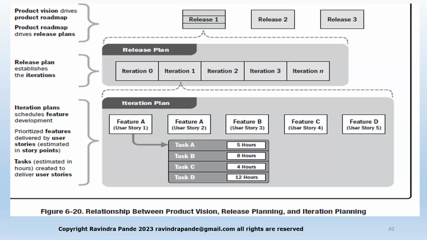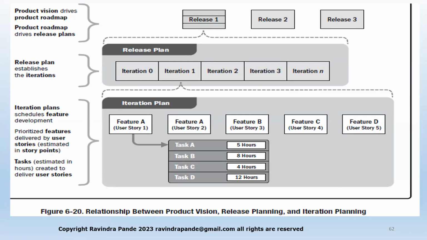The second feature might be checking the attendance timing in terms of in time, out time, checking with the older records. Feature B can be checking with the older records how many leaves he or she might have, and so on and so forth. So like that, we might plan our tasks. Task A, or completing feature A, might take 5 hours, completing feature B might take 8 hours, and so on and so forth. So like that, we plan our Gantt chart in a progressive manner, in an iterative way.